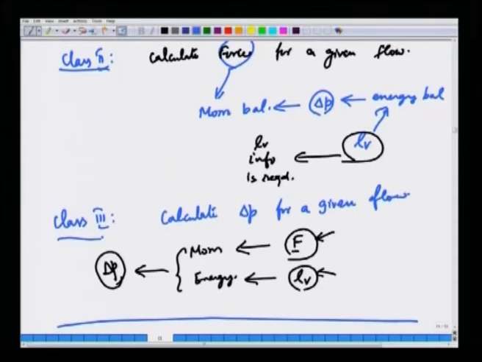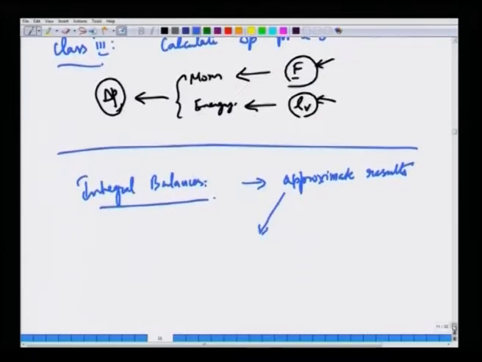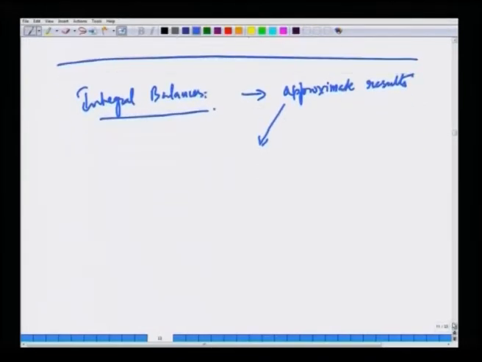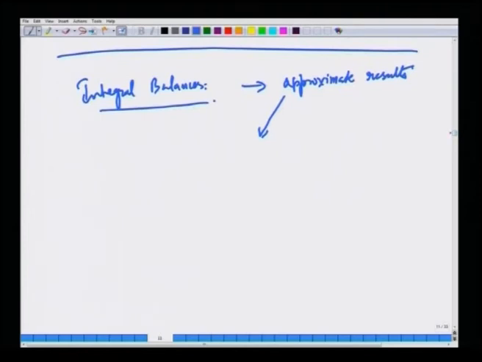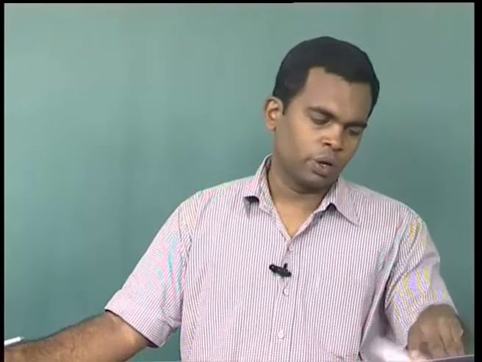So, we just pointed out that the integral balances also give you only approximate results. They will not give you exact results, because many of the unknowns such as losses are known only approximately. But in many engineering applications these are fairly successful, primarily in getting a trend on various quantities such as flow rates or pressure drops, and with additional experimentation we may be able to understand the given engineering problem very well.